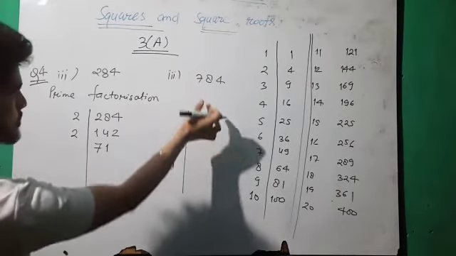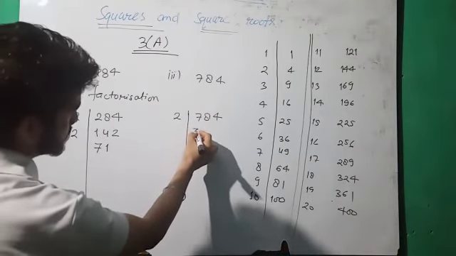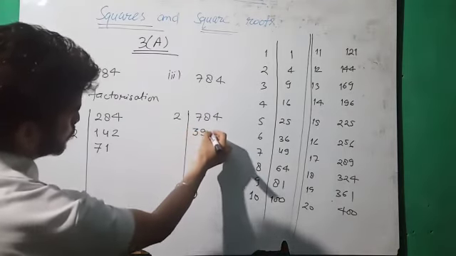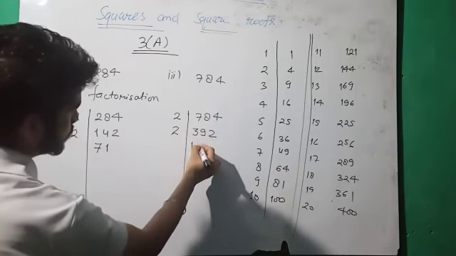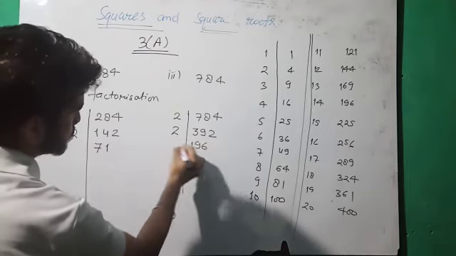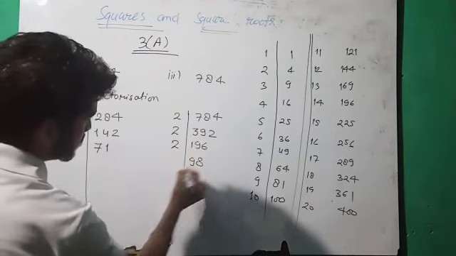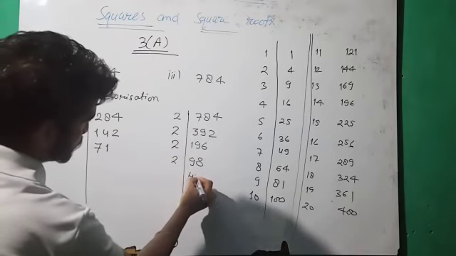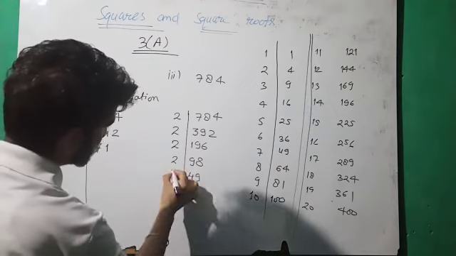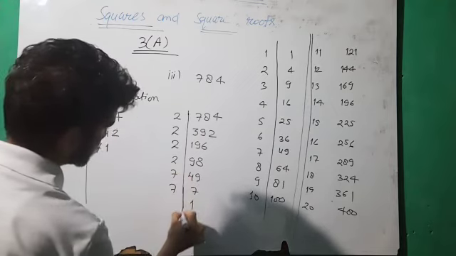First we divide 784 by 2, again by 2, again by 2, again by 2, then we get 49, then 7 sevens are 49, then 7 ones are 7.